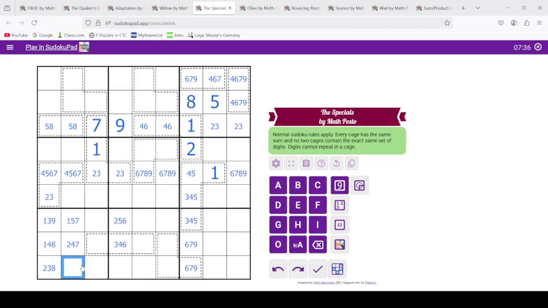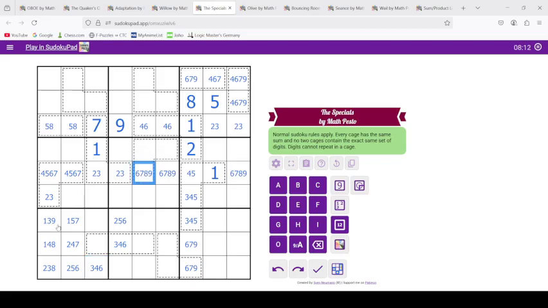I'll make this 2, 5, 6, and not 3, 4, 6. But now, none of them can, no, it's one of them.